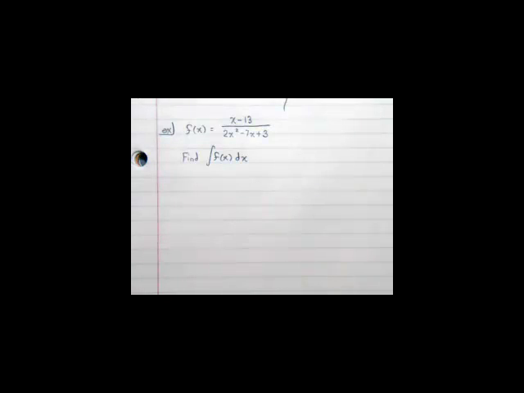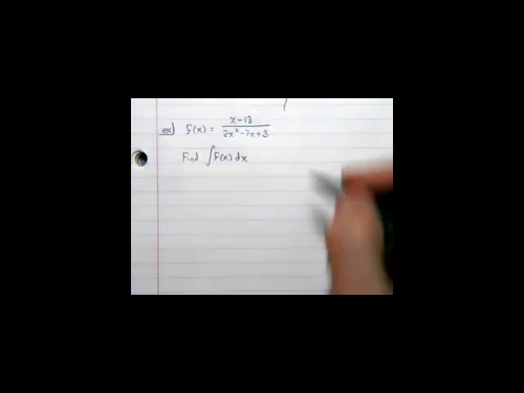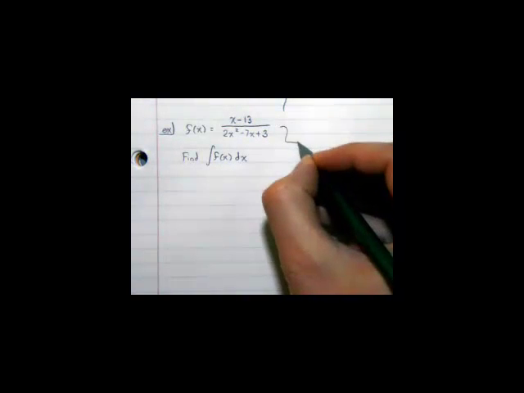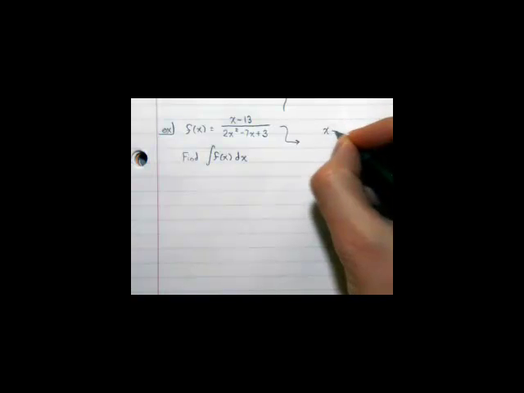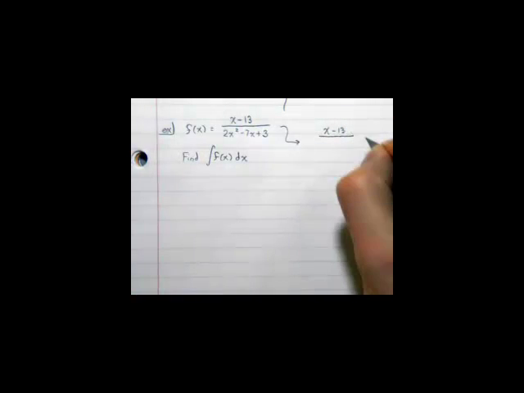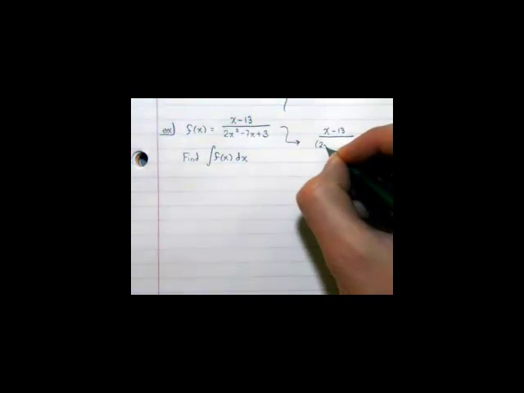Factor the denominator. Okay. So I'm going to save you some time here a little bit. If we factor the denominator, just because I know you guys know how to factor, and I don't want us to spend a ton of extra time trying to do that.